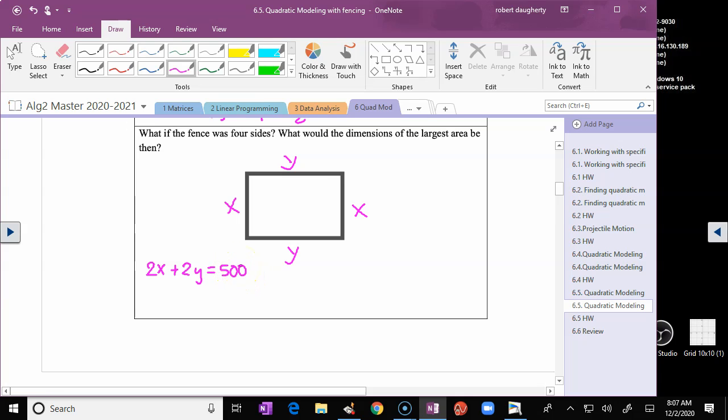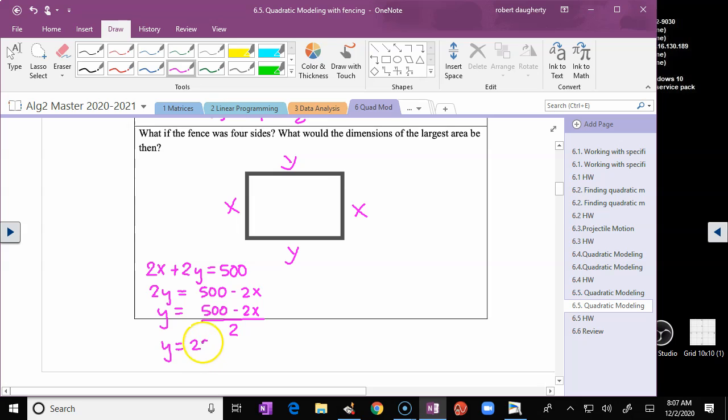So I had 500 feet of fencing. So I know that 2y is equal to 500 minus 2x. Therefore, y is equal to 500 minus 2x over 2.